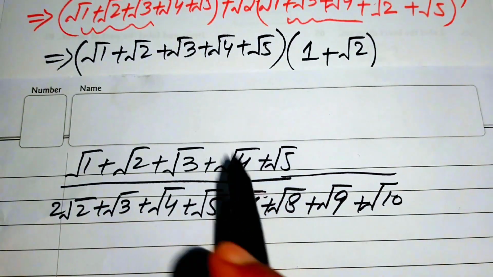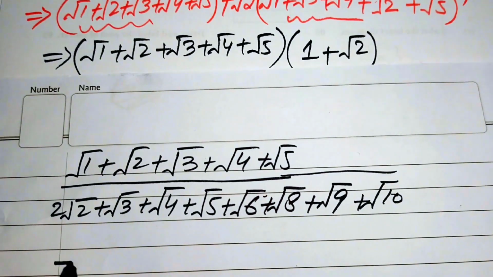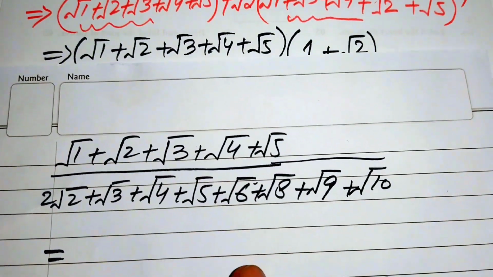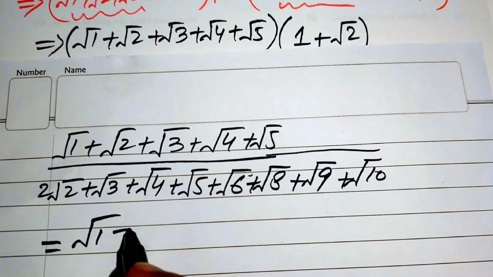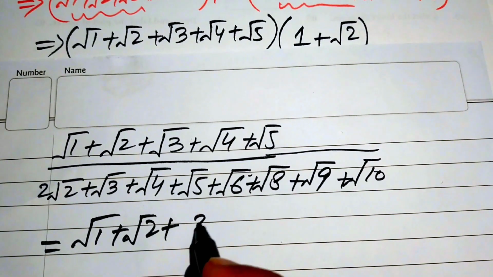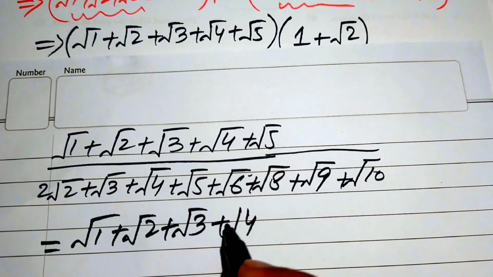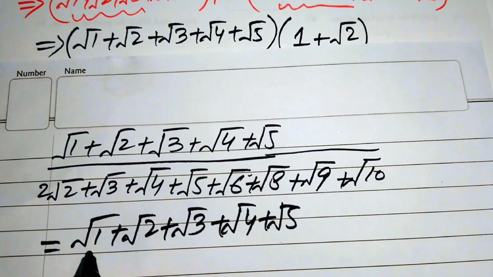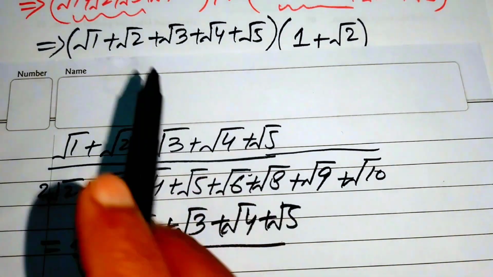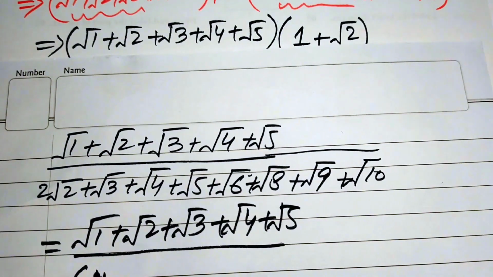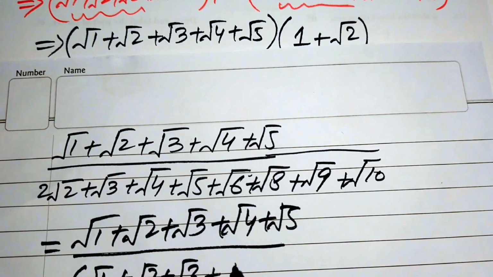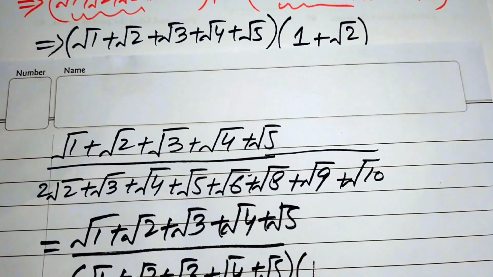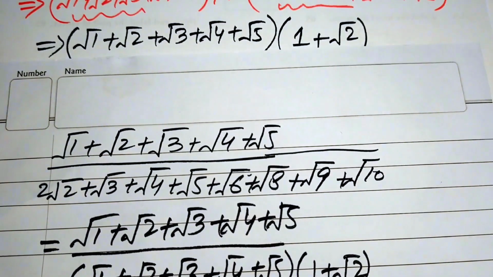So we put the value of this denominator here in this equation and we obtain the value in this form, square root of 1 plus square root of 2 plus square root of 3 plus square root of 4 plus square root of 5 divided by the value of this expression, which is square root of 1 plus square root of 2 plus square root of 3 plus square root of 4 plus square root of 5 into 1 plus square root of 2.